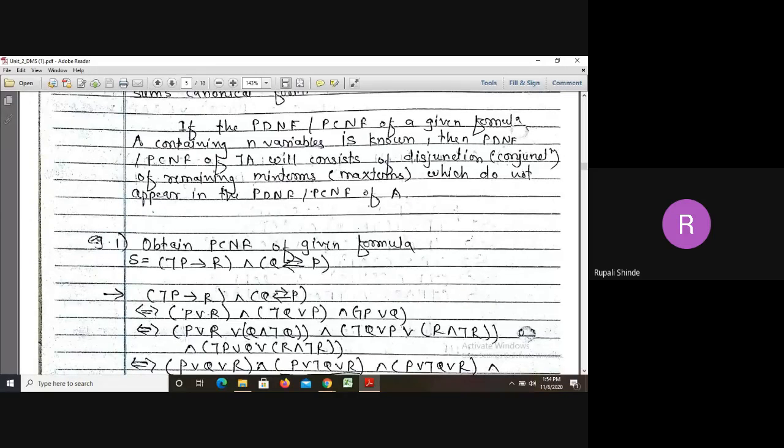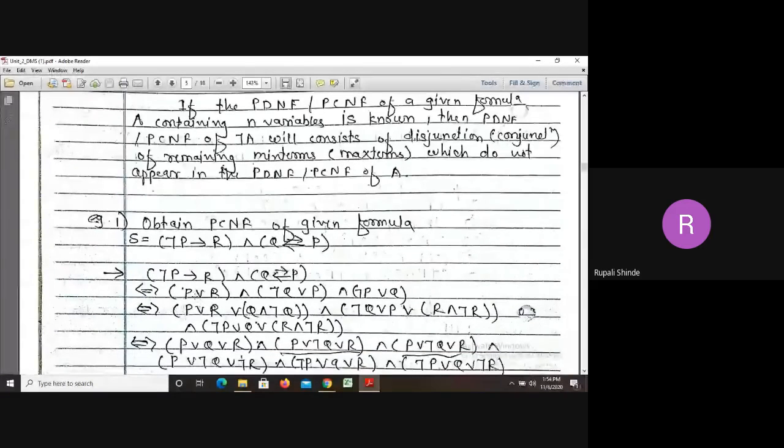Check here: for the first bracket Q is missing, for the second one R is missing, and for the third one again R is missing. So we have to add those missing variables. The first bracket is P or Q, written here. For this one Q is missing, so P or R or Q and negation Q. So here we have added that missing term.